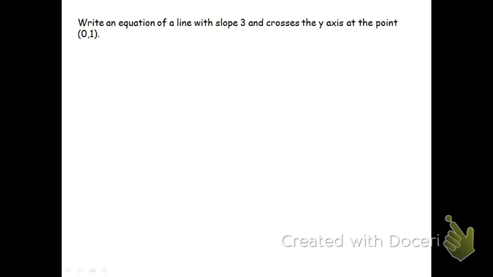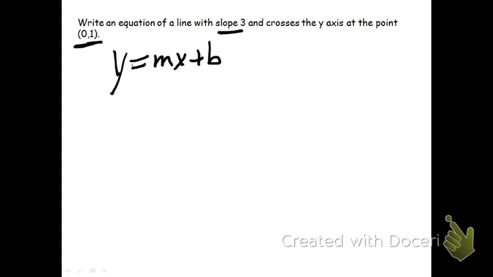So here's our first setup. We want to write an equation of a line with a slope of 3 that crosses the y-axis at the point (0, 1). Remembering our general form, y equals mx plus b, here we have the slope, that's our m, and it crosses the y-axis at the point with coordinates (0, 1).